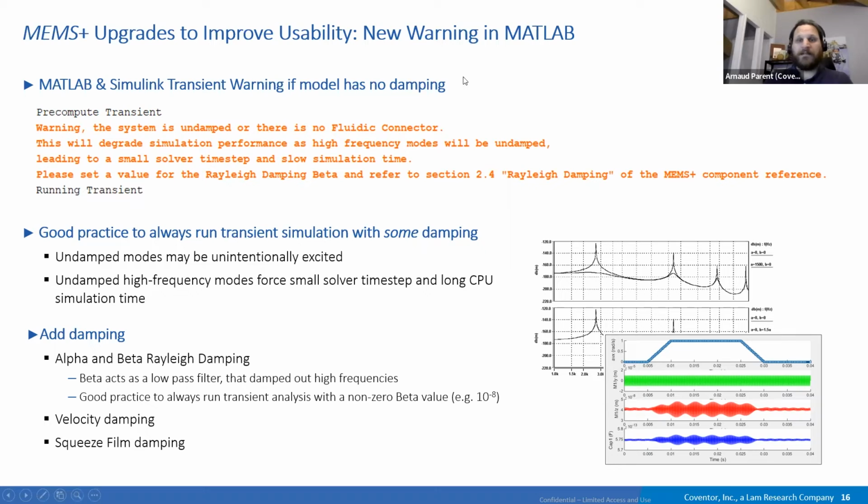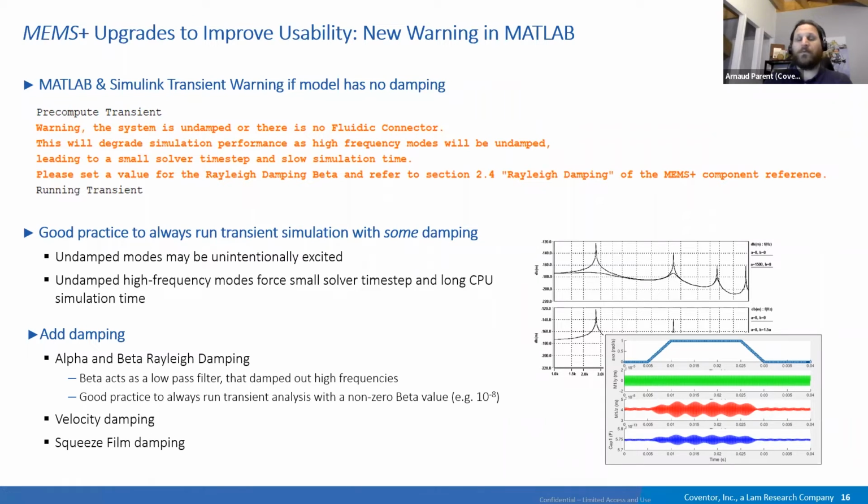So it's a good practice, a known good practice, and something that should be done: to always have some kind of numerical damping in your device. The so-called numerical damping is called Rayleigh damping. There are two values in Rayleigh damping, alpha and beta, but the beta Rayleigh damping is important because it's the one that allows damping out high frequencies.